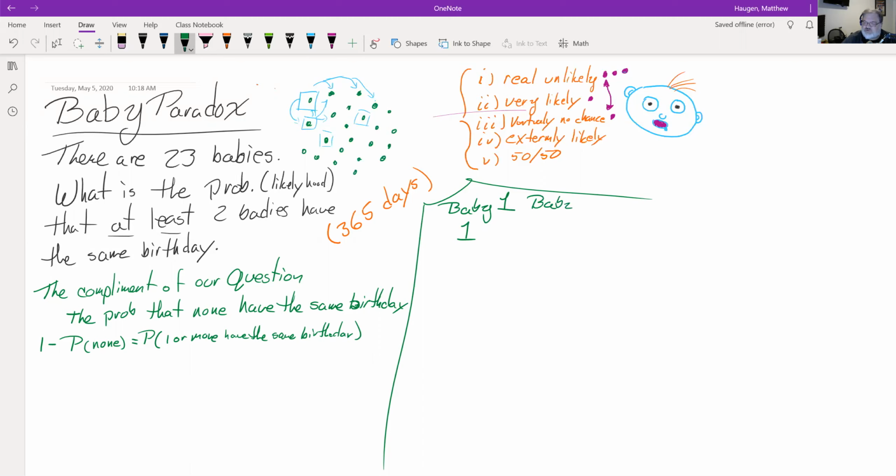It starts to get more interesting when we look at baby 2. What's the chance that baby 2's birthday matches baby 1? Or for our question, that doesn't match? How many days could baby 1 be born so that there's no matching?